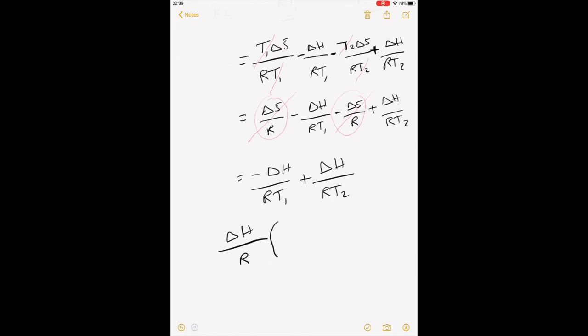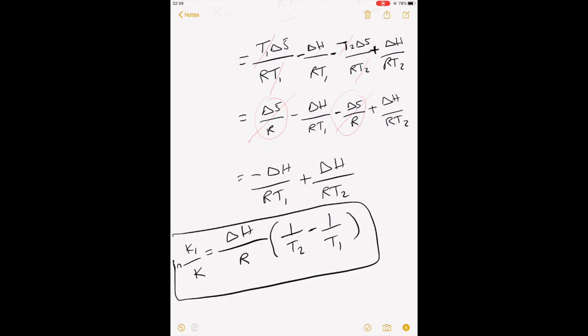So you could just change the way, so it becomes 1 over T2 minus 1 over T1, and that will give you the answer for ln K1 over K2. So this is the final answer.